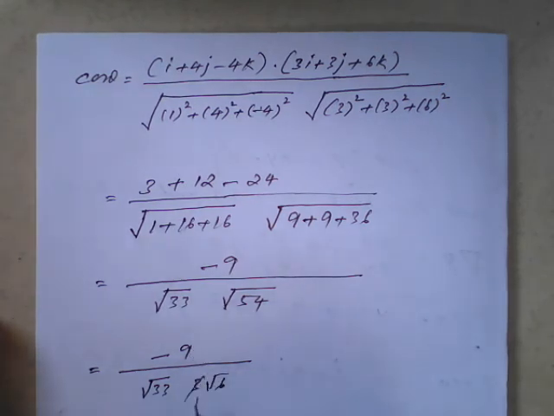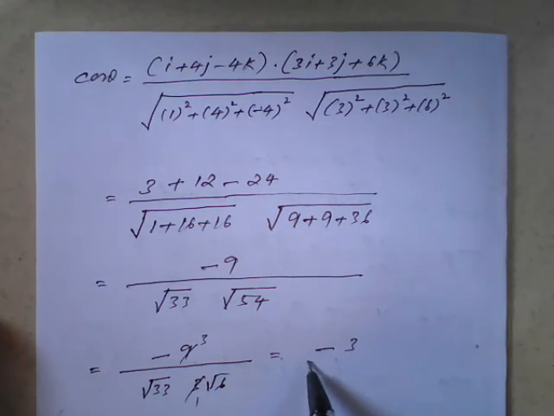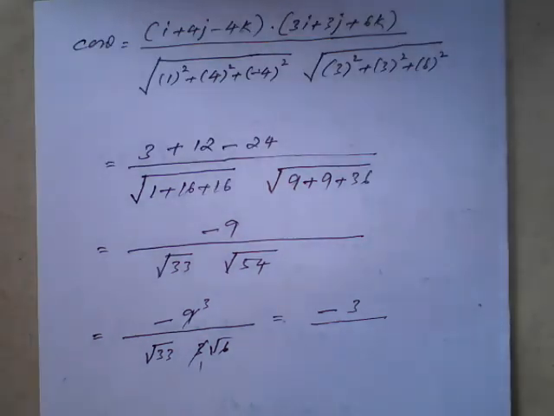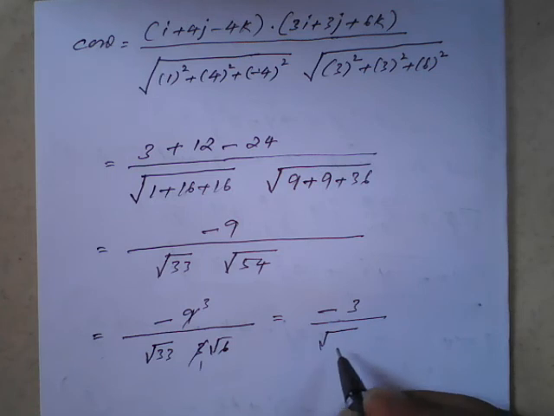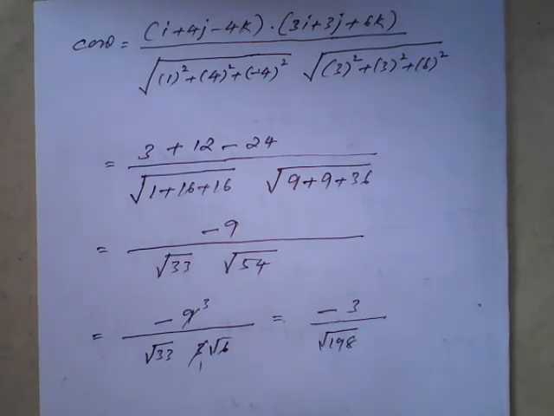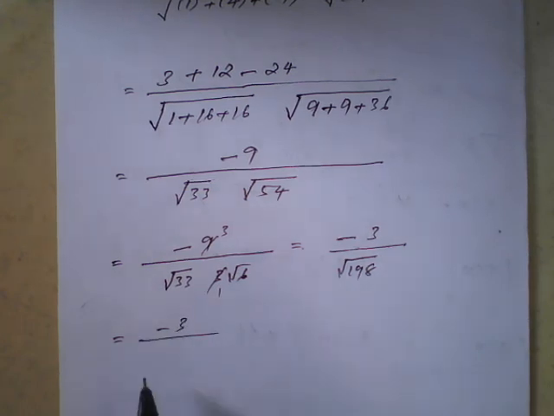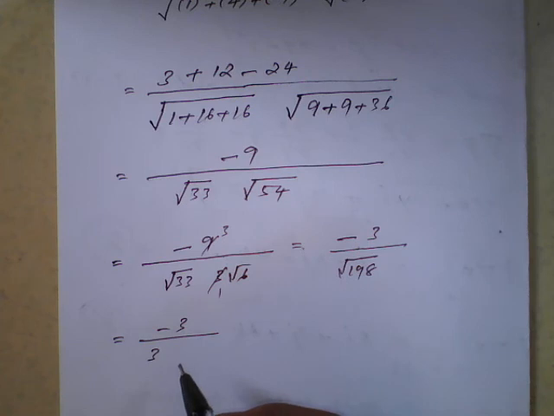So 3 ones are 3, 3 threes are 9, so it will be minus 3 divided by, we can write this as square root of 198, but square root of 198 is nothing but 3 root 22.